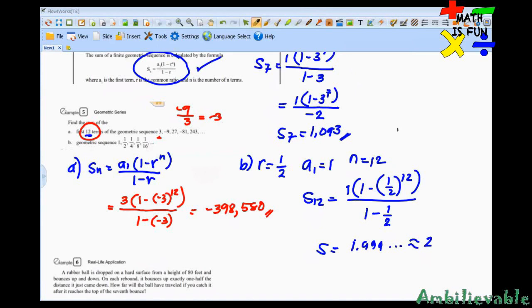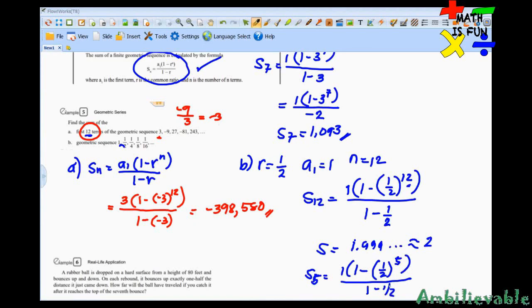Let us try until here. 1, 2, 3, 4, 5. So let's change that to 5. So S sub 5 is equal to 1 minus half raised to 5 all over 1 minus half.